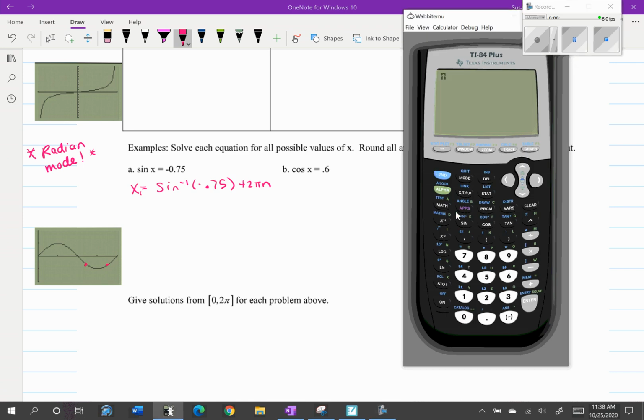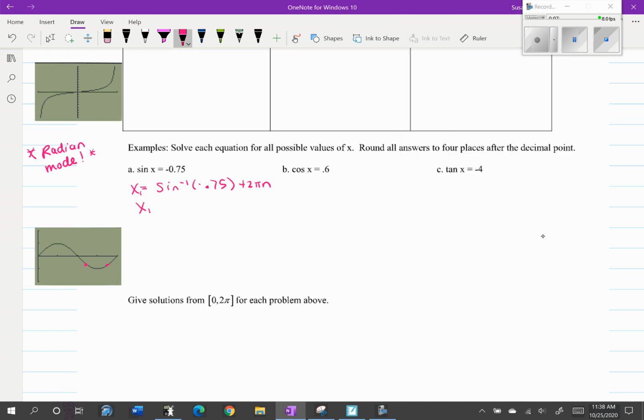So if I'm plugging this in, second sine inverse of -0.75, and I hit enter, and notice we get -0.8481 when we round. So x sub 1 equals -0.8481 plus all our coterminal answers, 2 pi n.